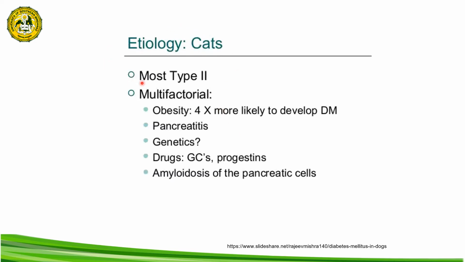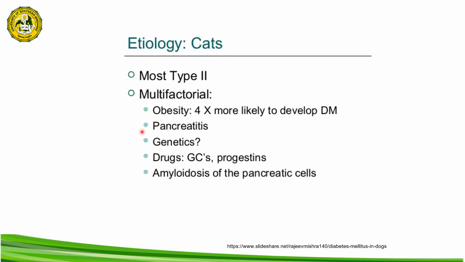In cats, most of the diabetes mellitus in cats is type 2 in nature. So this is also multifactorial. So one of the risk factors associated with DM in cats is obesity. So obese cats are 4 times more likely to develop DM.